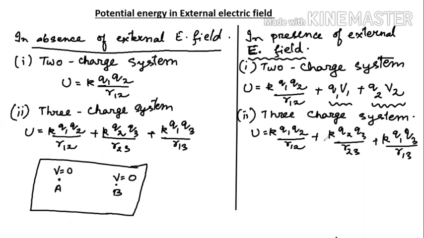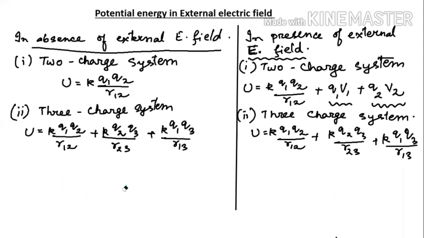But this was the equation when you didn't have any external electric field. But in this case, we are assuming that you are having an external electric field. Obviously, this Q1, Q2, Q3 will be located at three different positions.